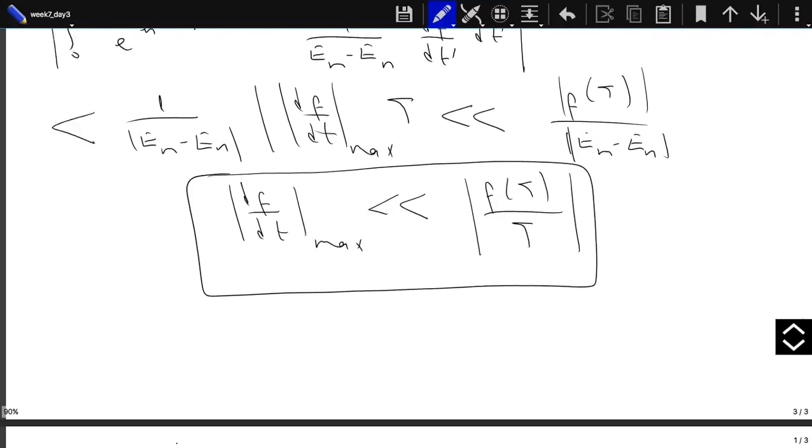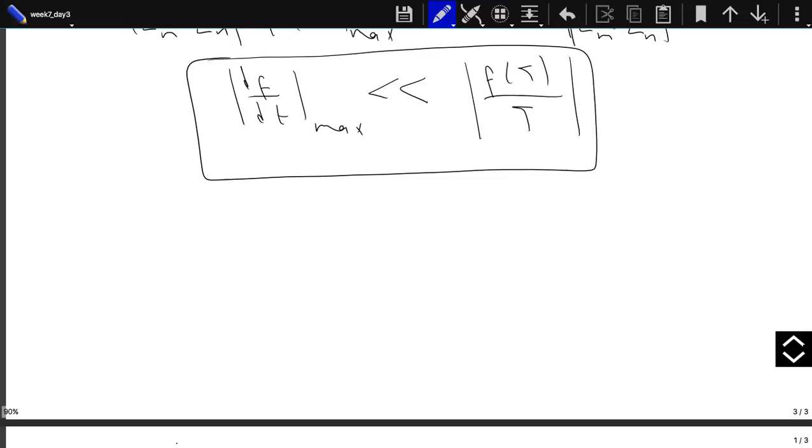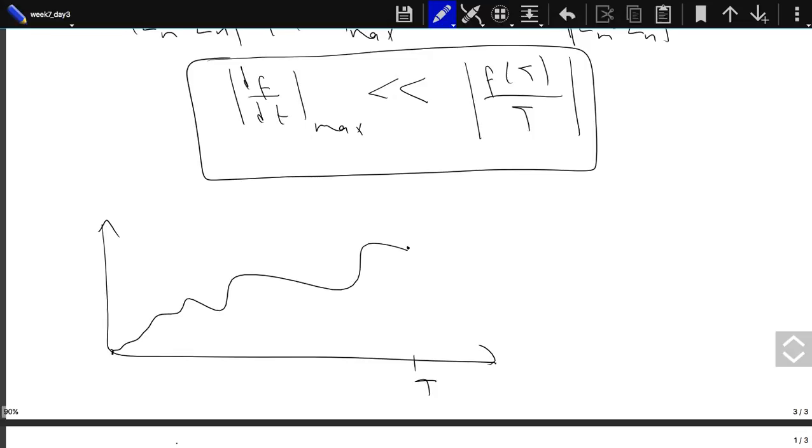You see, we have this function f of t. If this is satisfied, then we definitely have the adiabatic condition. What this means is, let's say f of t is, this is the maximum value. It can be such a function. It starts from 0, it goes up to 1.